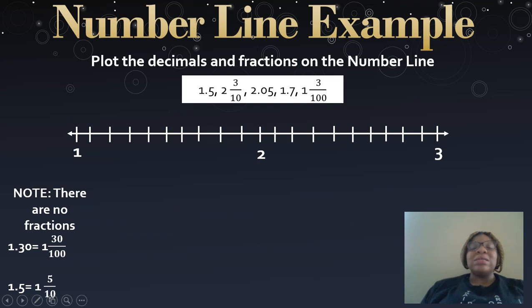And just like our last example, we already know our hundredths are on the bottom, our tenths are at the top. This will look different because now we have a whole number in the front. So be very careful and make sure you place your whole number in your number line. Make yours look like mine. I'm going to go slow through them.